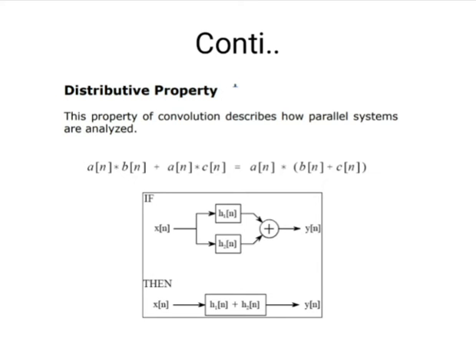And the behavior of the LTI system is completely described by its impulse response. The convolution obeys the normal arithmetic rules for multiplication.